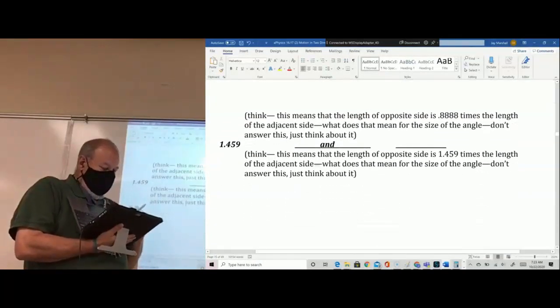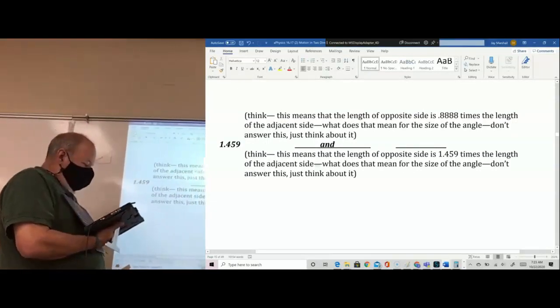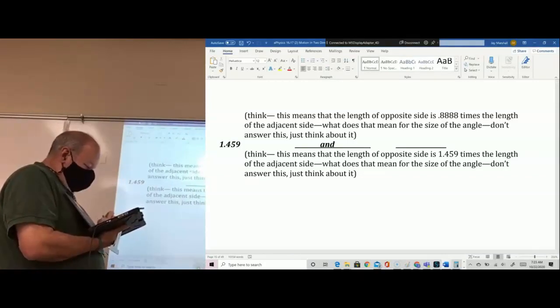And again, I want you to think about what these things mean. For the tangent, this means that the length of the opposite side is 0.88 times the length of the adjacent side.